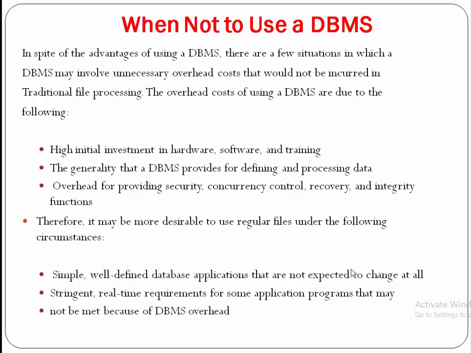When we don't need to regularly change the data stored in the database, in that case we can use the traditional file system. If our database is very simple and very small, in that case instead of using a database management system, we can again use a traditional file system to maintain the small amount of data. Instead of using a DBMS, we can use a traditional file processing system.